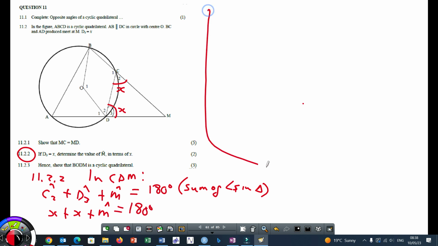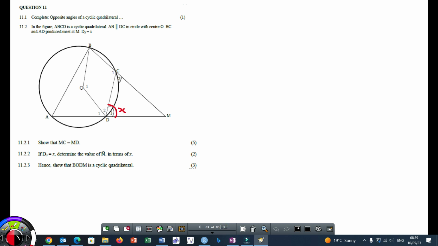So from here, you can end up having angle M is equal to 180 minus 2x. So this angle is x, that's 180 minus 2x. This is x. This is also x.